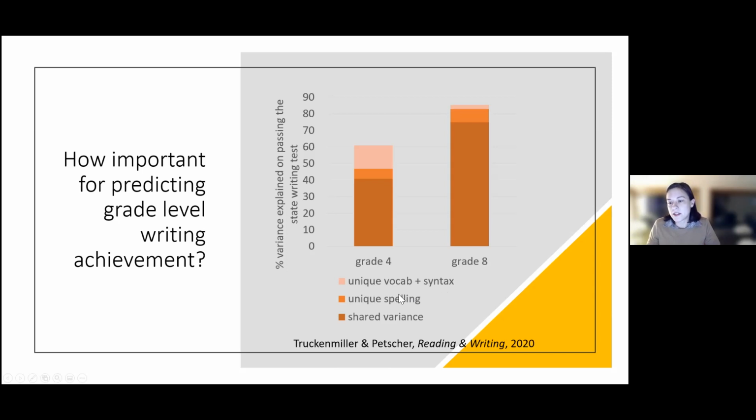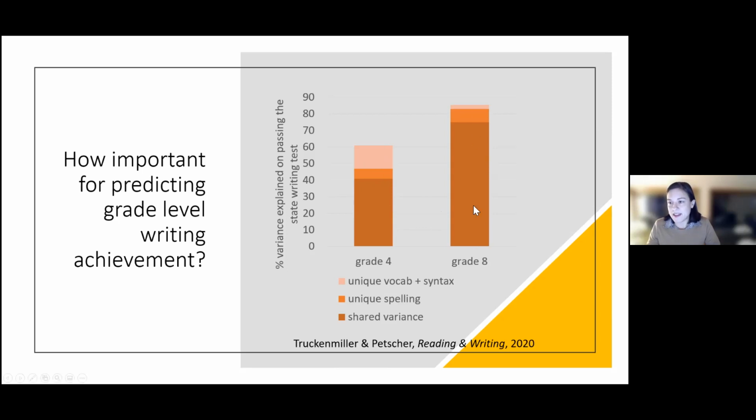And here, this also points to how vocab and syntax are very integrated with spelling, in that vocabulary, syntax, and spelling shared about 40% of the variance in what they predicted, and that the unique variance of vocab and syntax was about 14% unique, above and beyond just spelling.